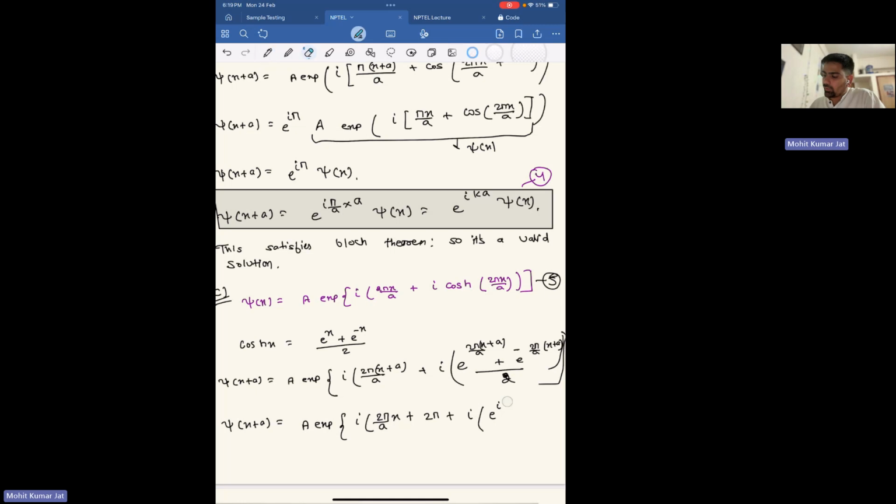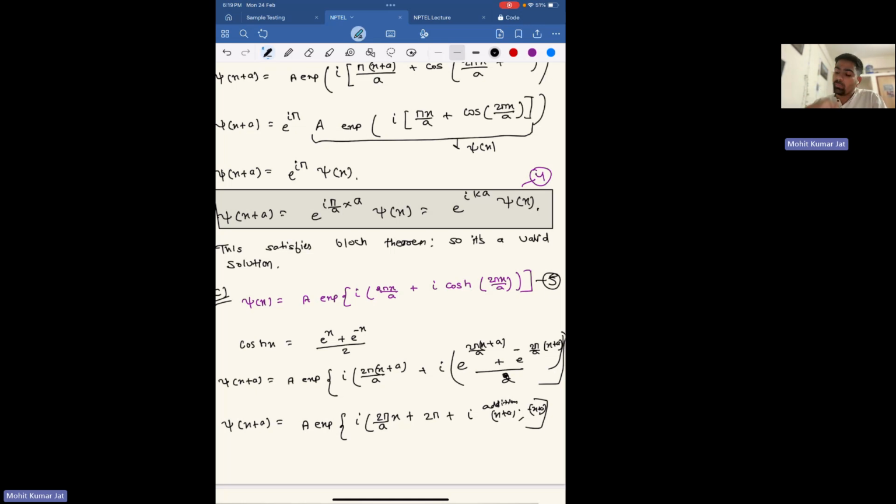So you cannot write it in terms of psi x, right? There will be some phase effect, some additional terms, plus a here and minus x plus a there. So you cannot take out just x or a.